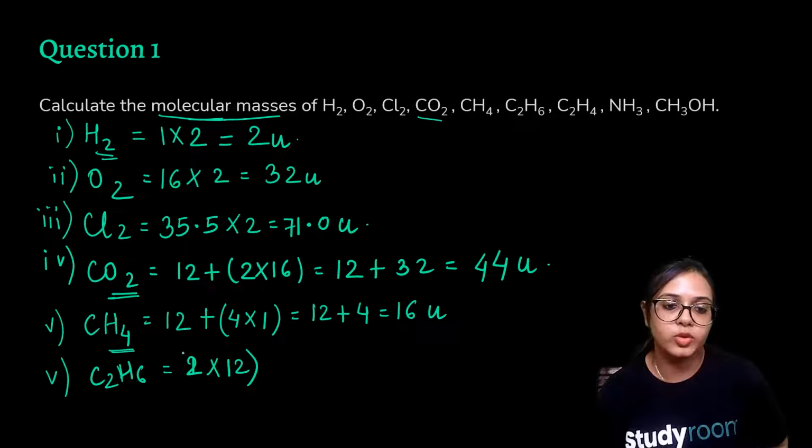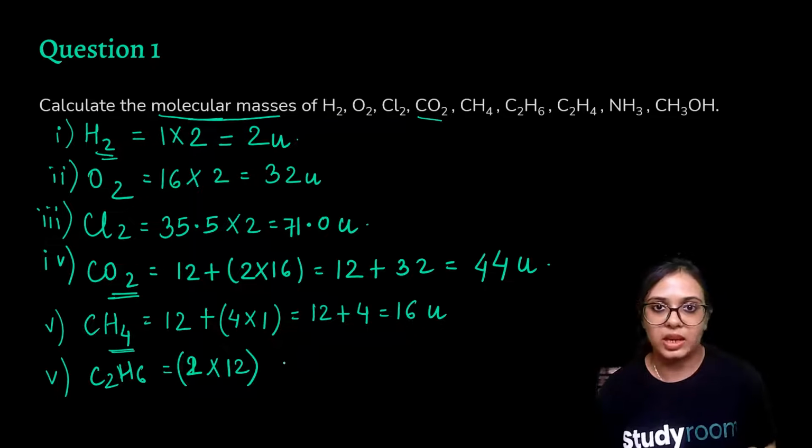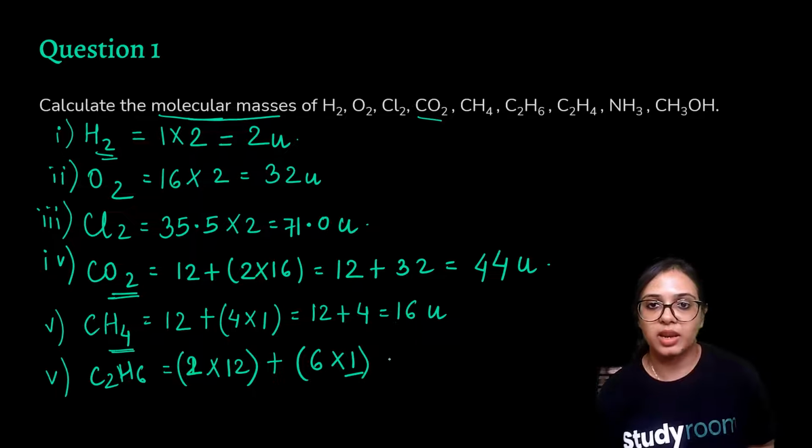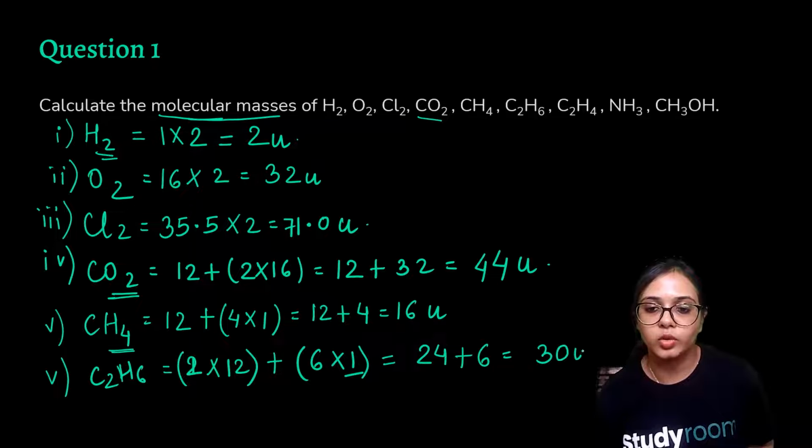So that is 2 times 12, since 12 is the atomic mass unit of carbon. Then we will add it with 6 into 1, because 1 is the atomic mass unit of your hydrogen and 6 is the number of atoms present in this particular molecule. So you will be getting 24 plus 6, that is 30U.